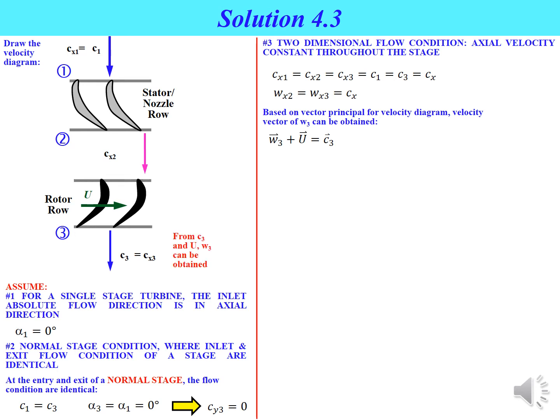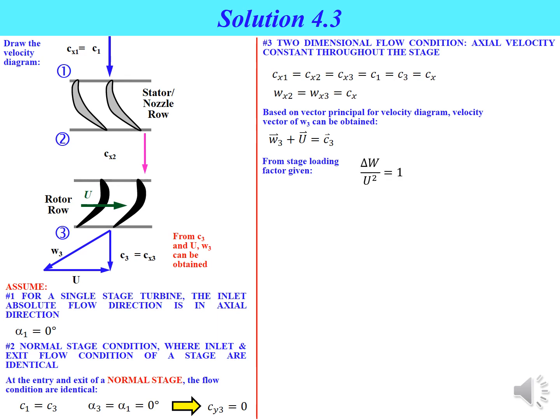Okay, so we can draw. From C3 and U, W3 vector can be obtained. So we can draw the velocity triangle at the outlet of the rotor, as shown in the figure. So this is the velocity triangle at the outlet of the rotor at condition number 3.